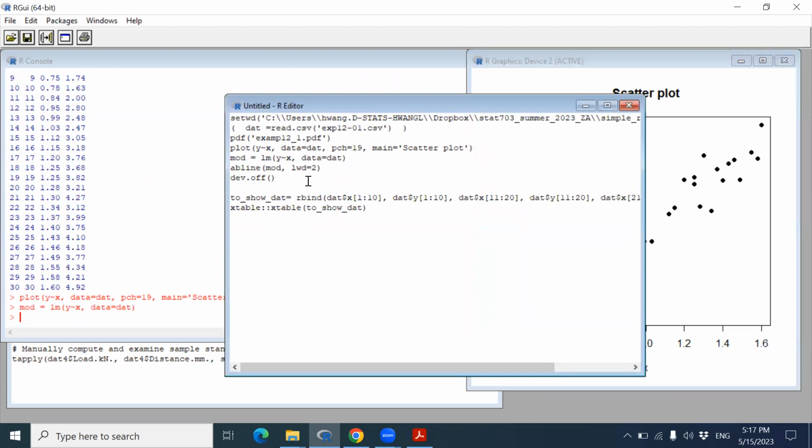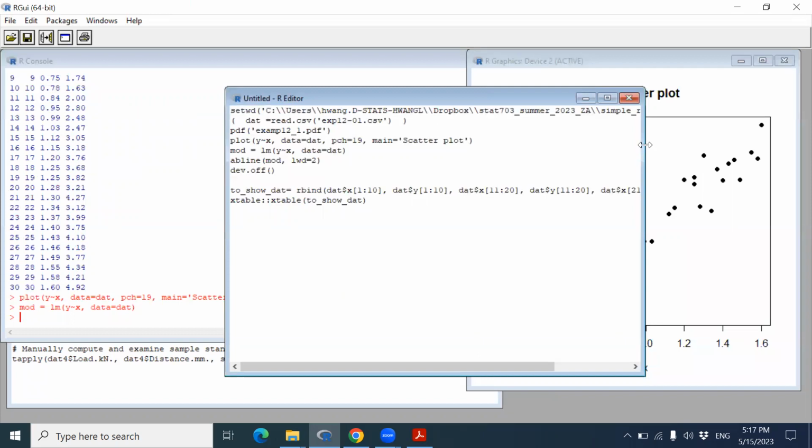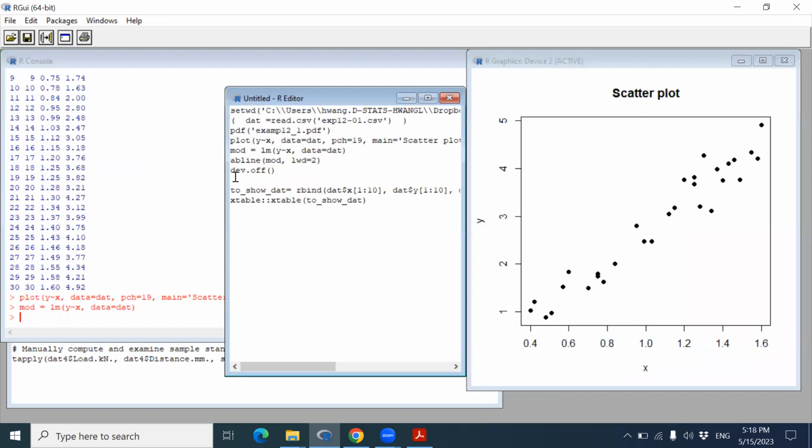Once we finish running that, to add the straight line to this scatter plot, we just need to do the abline here, abline with the model fitted from the previous line, and run this line. It will add this line. This line is the best regression, the least squares estimate of the mean regression.